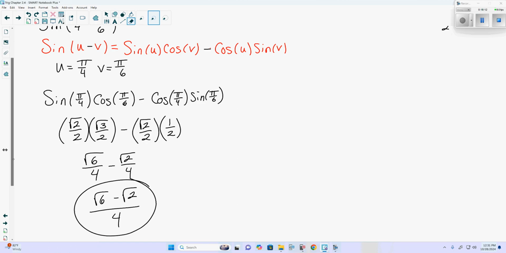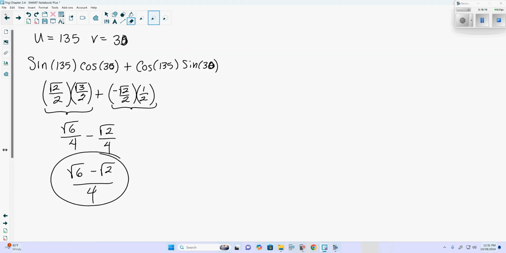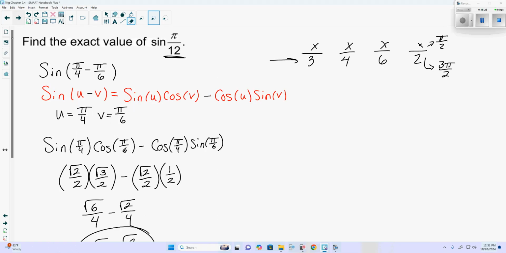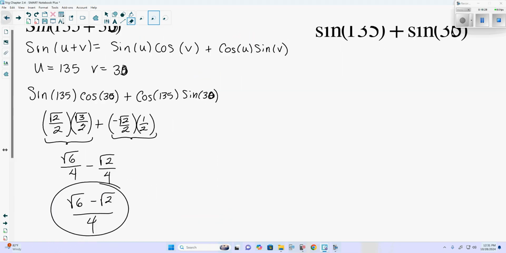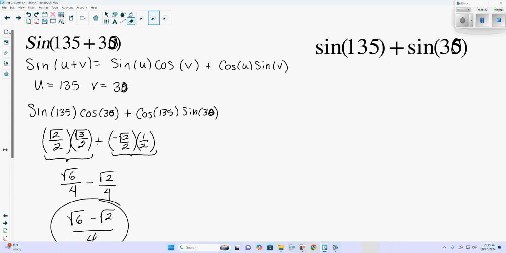Questions on this here? Yes. Well, here, 135 degrees, 30 degrees, because most of the values are going to end up being very similar in nature. As we've noticed with our trigonometric angles, if they're on the unit circle, there's only a set number that they can be.